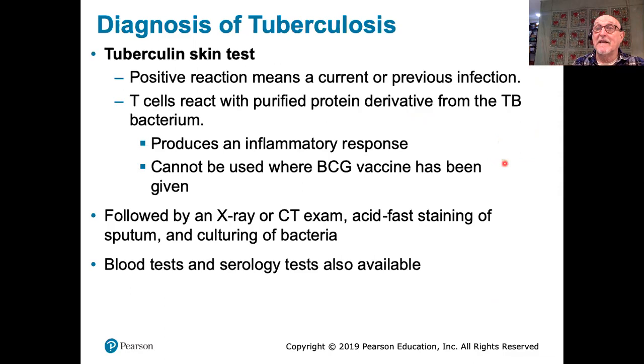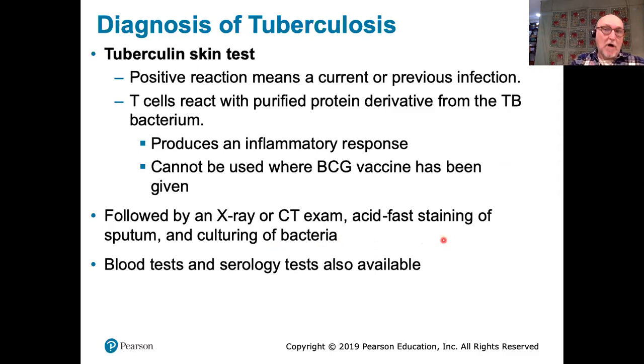And you can actually then say, well, this person either has current infection or else they have sometime been exposed to tuberculosis, and then proceed. X-ray, computerized tomography exam, that sort of thing. But still a standard method of treatment is to do a deep sputum.